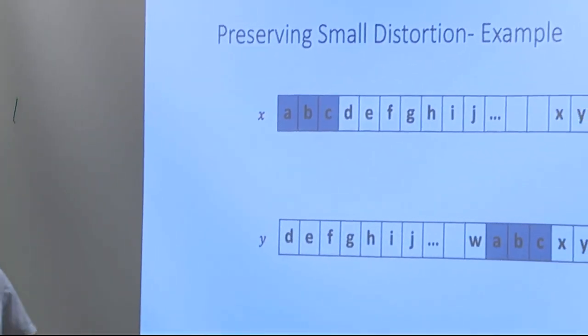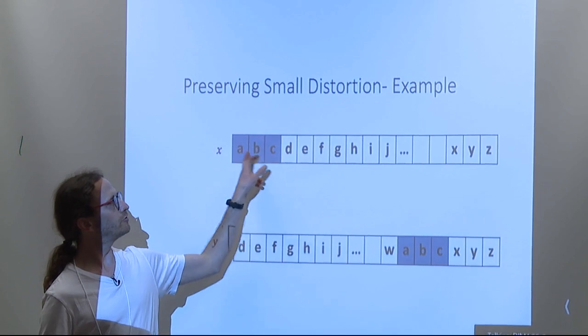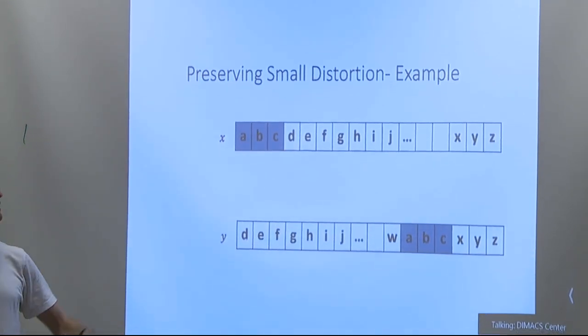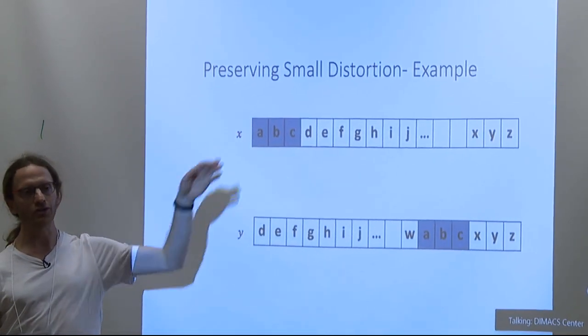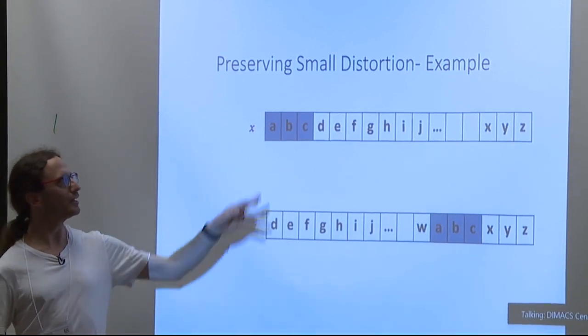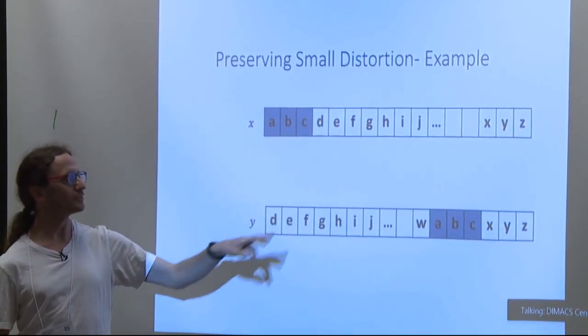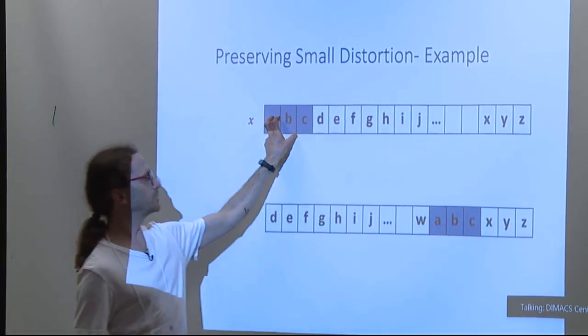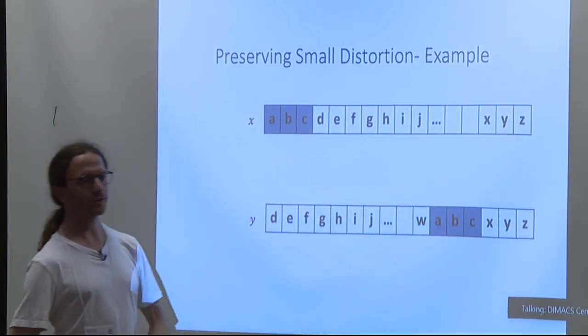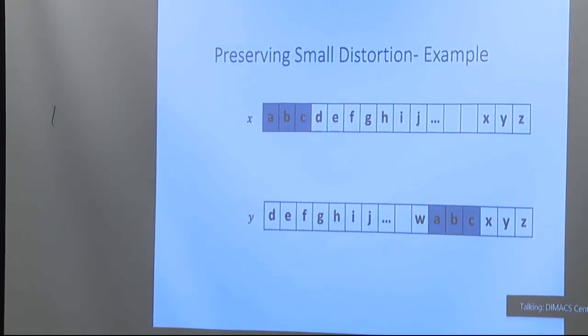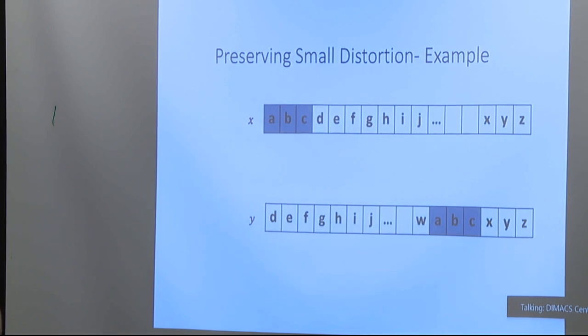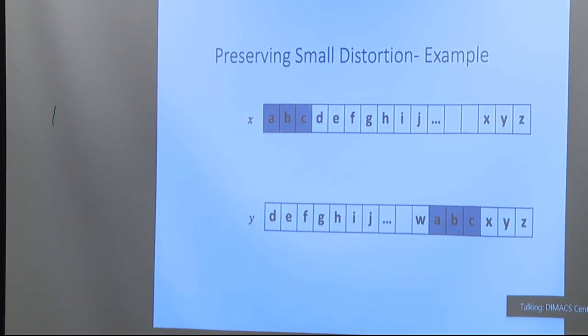In the first string x, the letters are just ordered A up to Z. In the second one, we take ABC and put it close to the end. Let's look at this example and see what happens, and then we will do it more generally.